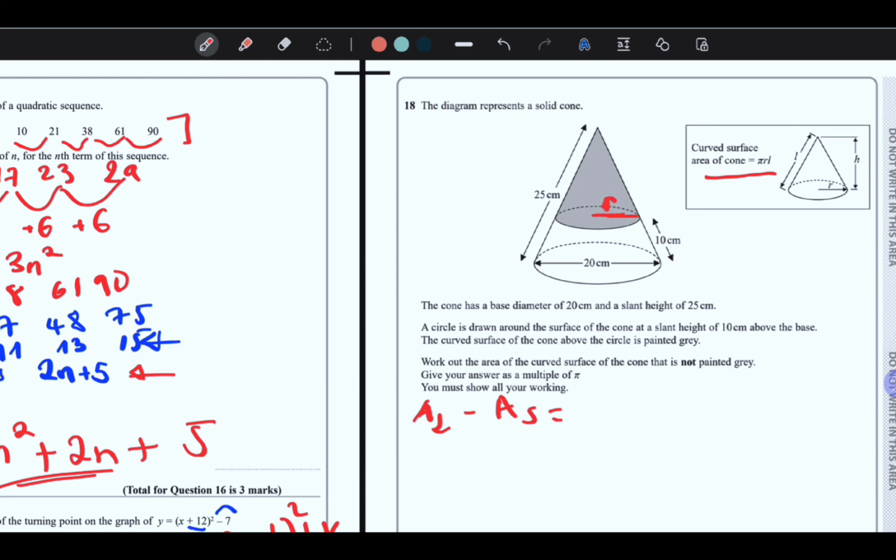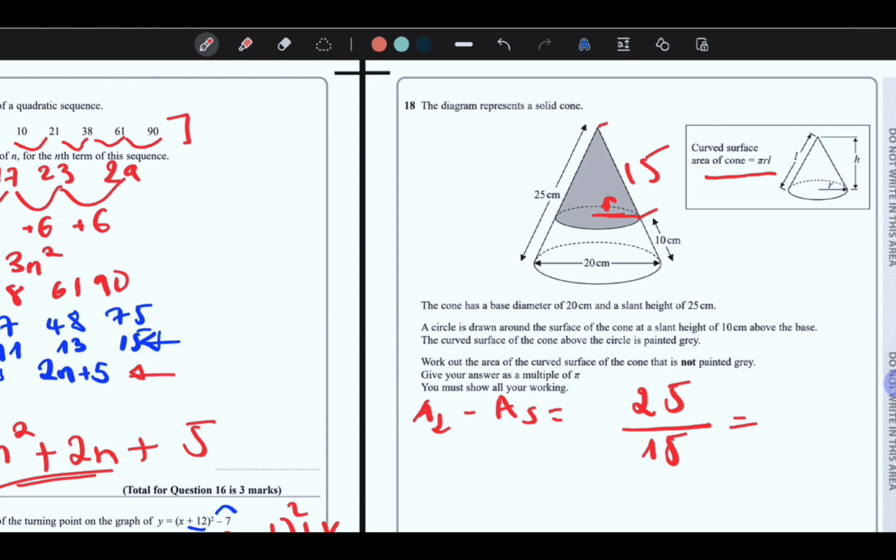Okay, so let's compare the slanted height of the big cone, which is 25, to the slanted height of the smaller cone. Well, if this is 25, you're going to do 25 minus 10. 15 would be left over. So we'll compare the slanted height of the big cone to that of the small cone.